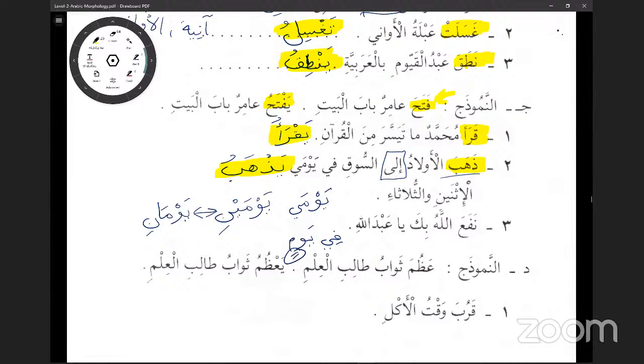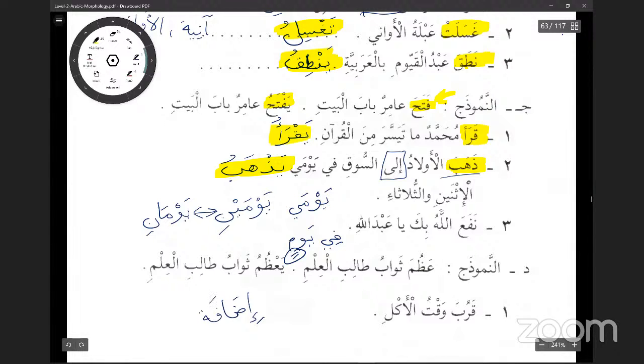Just like that, the ani at the end changes into ayni because of the fi. So it becomes fi yawmayni. Here it's missing the noon. Why is it missing the noon? It's missing the noon because, as we'll learn later, it's in the construction called idafa.